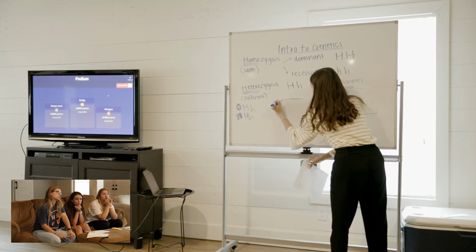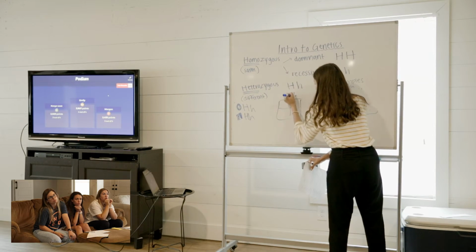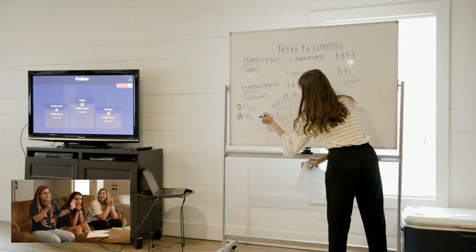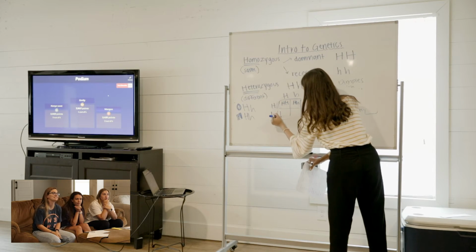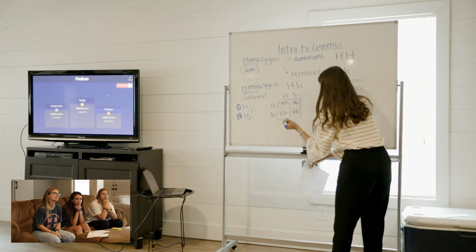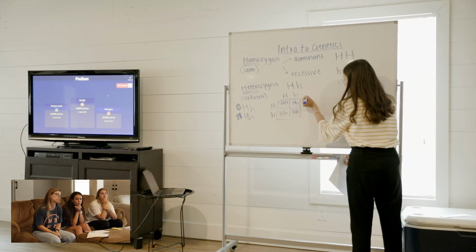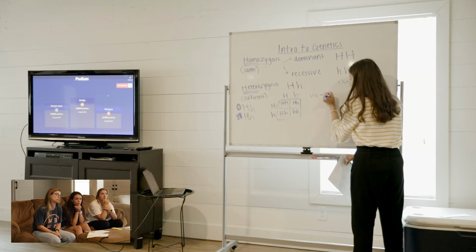So another Punnett square. This is Madison, and this is her husband. For dominant, you have a 1/4 chance, or your kids have a 1/4 chance, of being dominant.